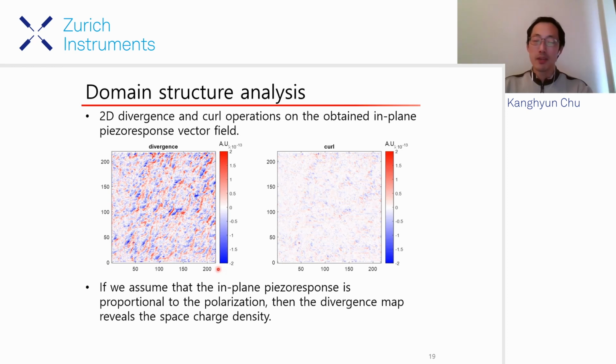Maybe they can be screened by the carriers, but the charge distribution will look like this. Unlike the divergence, the curl does not show much interesting feature in this specific example.